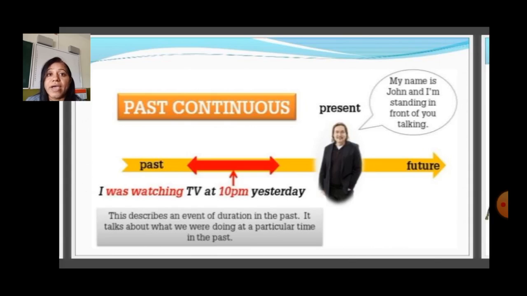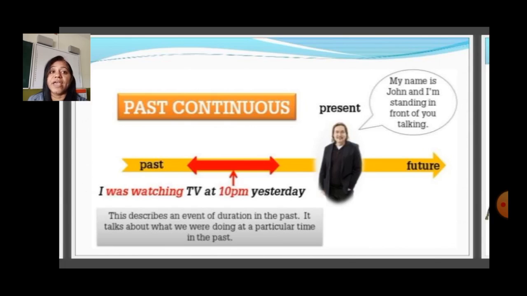My activity was to watch the TV. That was going on. So it is past continuous tense, because as I am talking about yesterday, it is past, but at that time the action was going on. So we can say that it is in past continuous tense.